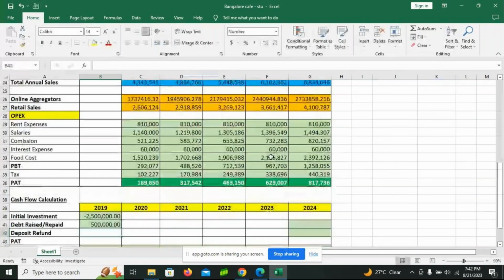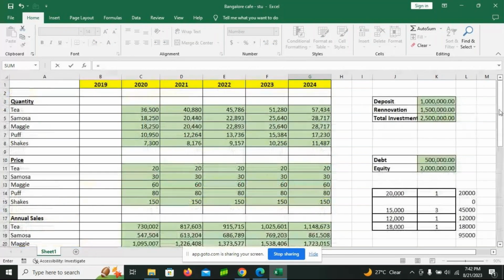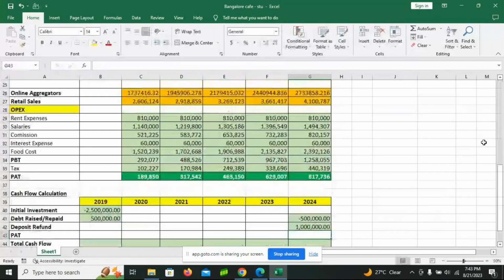And I have to repay this debt, so minus 5 lakh, and deposit refunded. So deposit will be, we'll put it in.